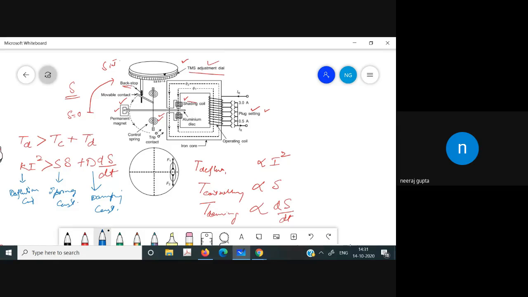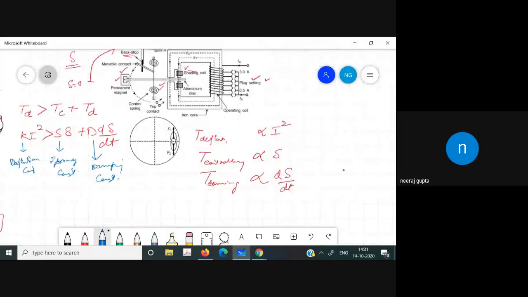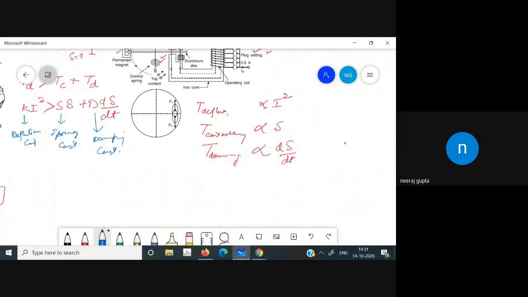These constants are a function of the design of the relay. So depending upon the design of the relay, these constants can be changed.